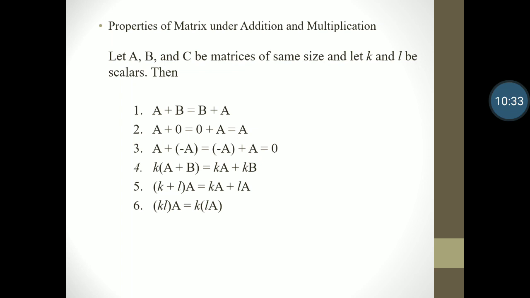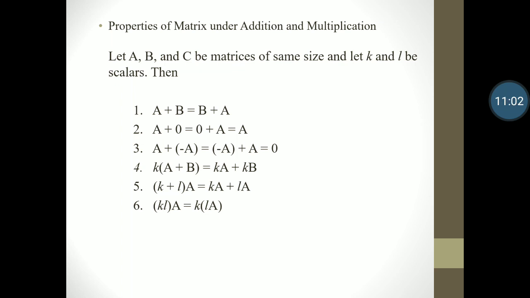A plus B is equal to B plus A, meaning the sum of matrices A and B will be equal to the sum of matrices B and A. Second, A plus 0 is equal to 0 plus A. If we add 0 to the matrix A, then our resultant matrix will be A. Likewise, if we add the matrix to 0, it also gives A.